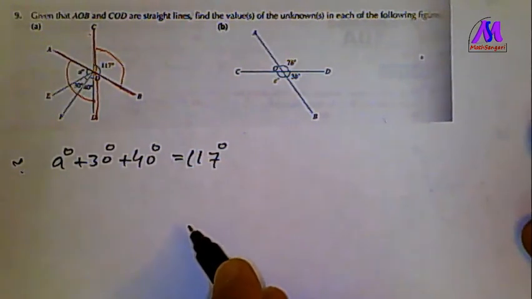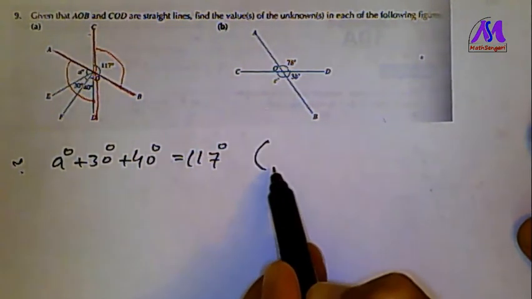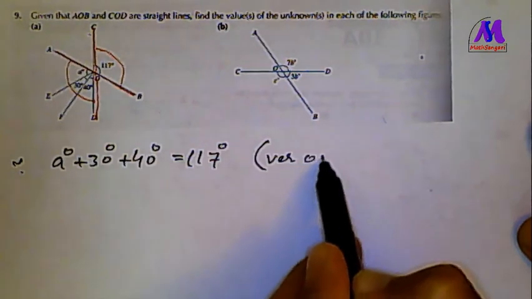Therefore, here we have A degree, 30 degrees, A degree, 30 degrees and 40 degrees. So A degree plus 30 degrees plus 40 degrees will be equal to 117 degrees, because it is a vertical opposite angle.